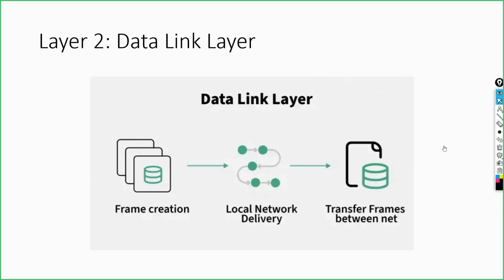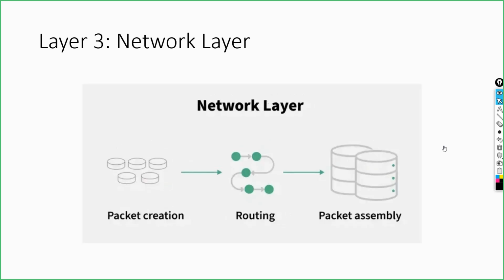Now, the third layer from the bottom in the OSI layer is the network layer. It is a very important layer. The network layer is one of the very important layers in the OSI reference model.